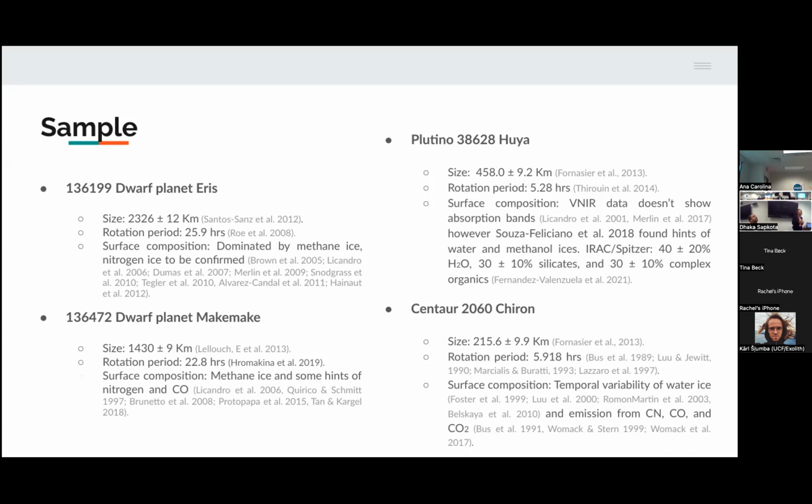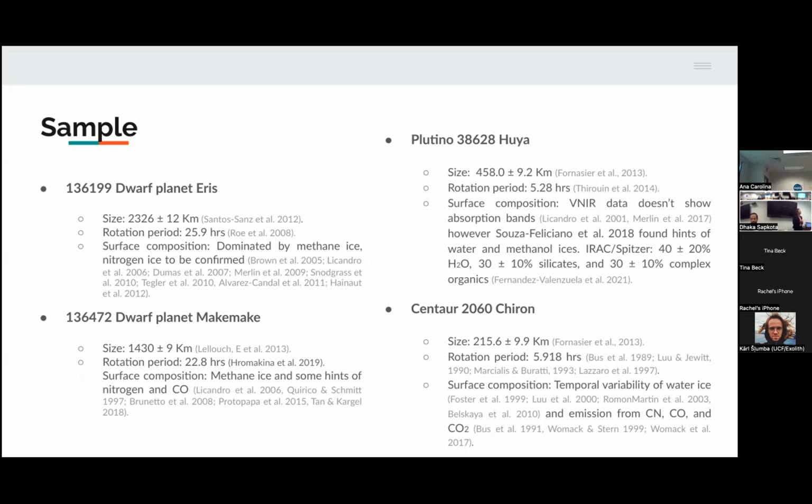It has an intermediate size, and its visible and infrared data is not well constrained, so we only have hints of the presence of water ice, methanol ice, and complex organics and silicates in the surface composition.